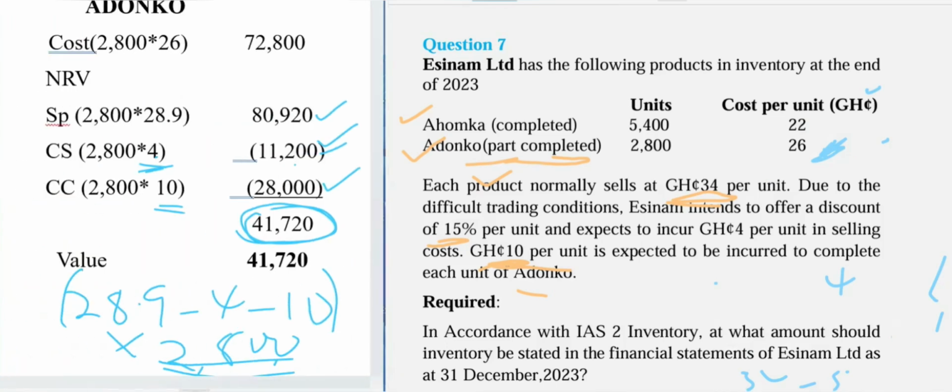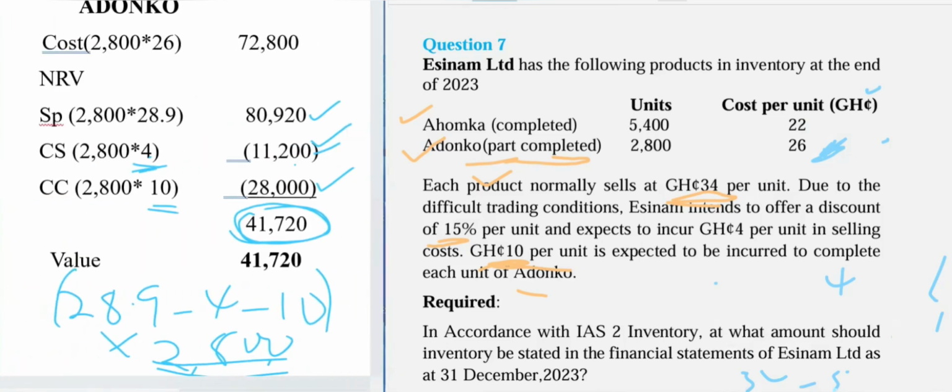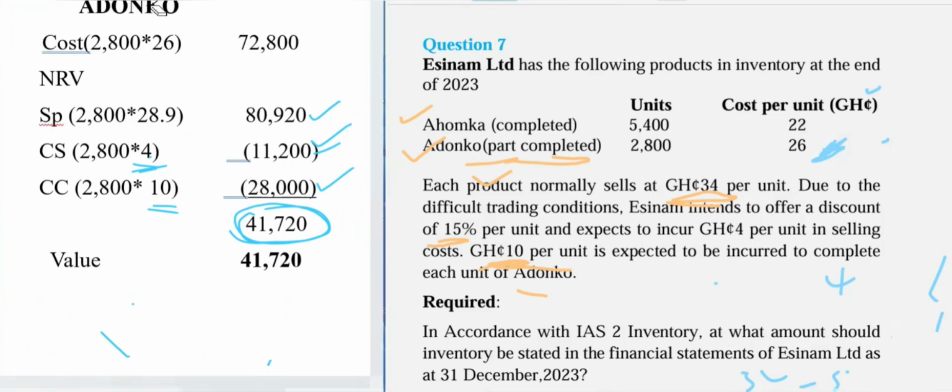That is that. So now I'm sure we can sum them up. Let me wipe this one, then we sum them up. So we sum the two, and then we have the total value of inventory.